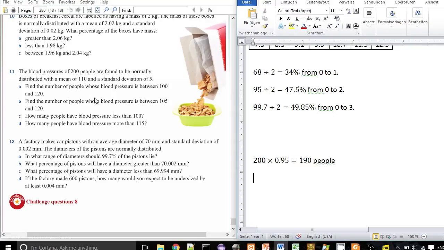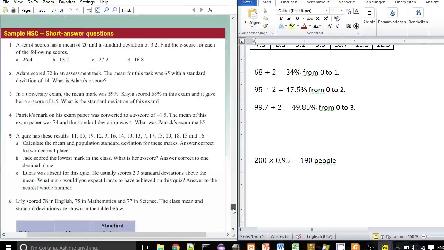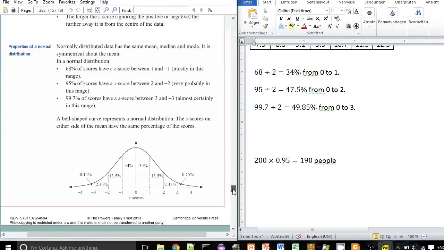Okay? If it's between 105 and 120, 105 is just a Z score of -1, and 120 is a Z score of 2. So again, I'm going to just refer to this thing. So between -1 and 2 is these 3 parts.